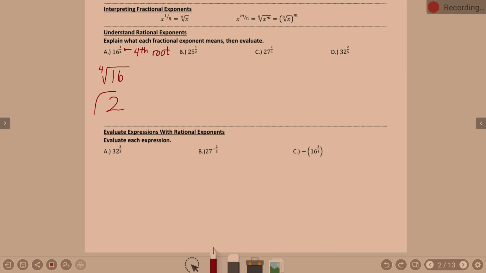Now, I boxed that answer, but you know me well enough at this point. If I box the answer, what does that mean? That's my final answer, right? What did I not include? Plus or minus. What you have to realize is when we talk about this with a radical sign, or the exponent in this case, we're just looking for the positive root.